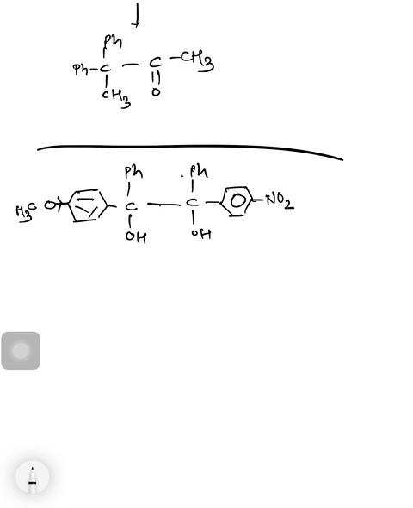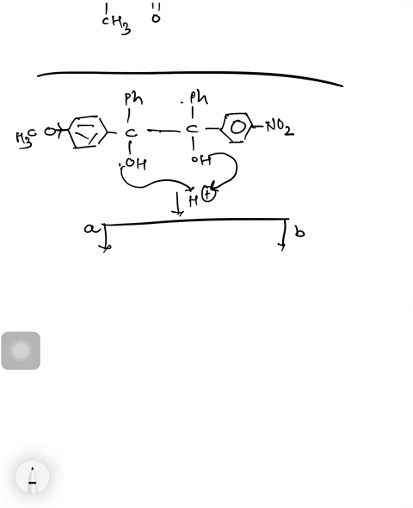So what will happen after the attack of H plus? Suppose I don't know where the attack is taking place, then I can rewrite both structures. Suppose this OH is making the attack, I am labeling it as path A. If this other OH is making the attack, I am labeling it as route B. So I am directly writing the structure after elimination of the water molecule.